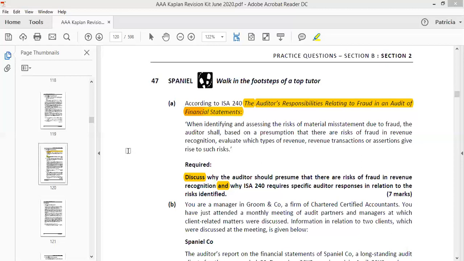For example, if you're in leasing of properties, you can say that if there's a company that does leasing for properties for fixed annual amounts over a fixed period of time, the revenue is already known because it's over a fixed amount and over a fixed period. So in that situation, it can be a low risk area for fraud. That's what you can put out as your answers.